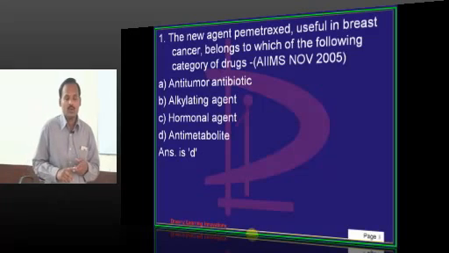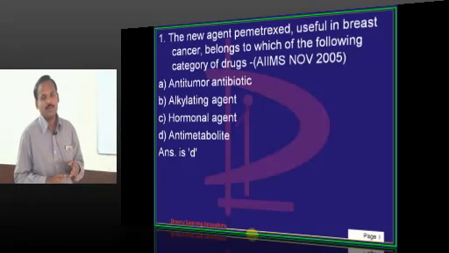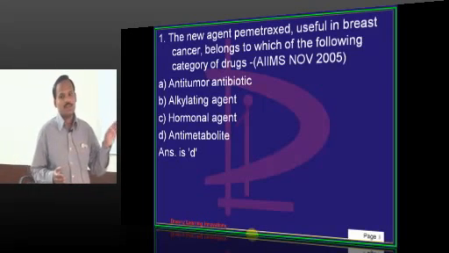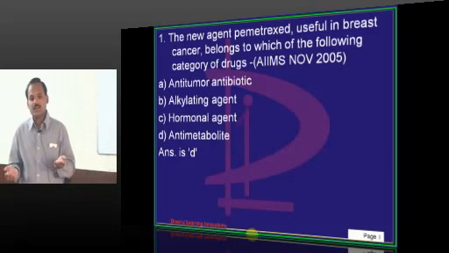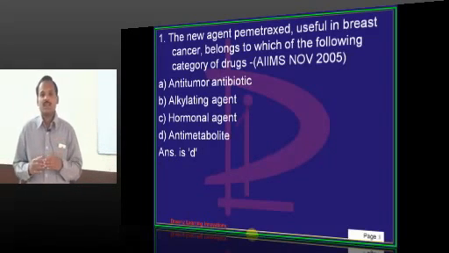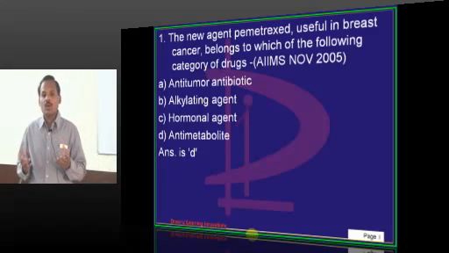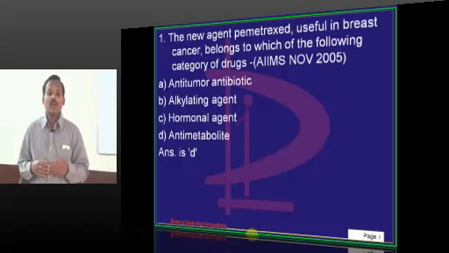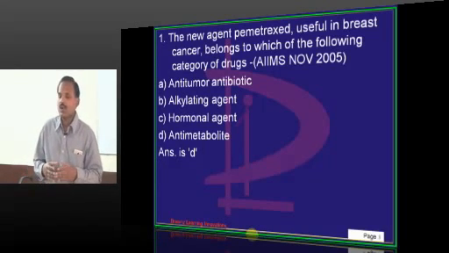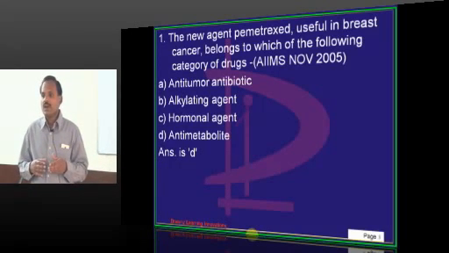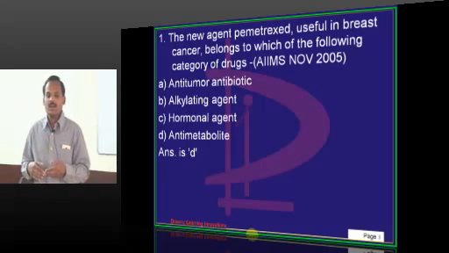This same question can be asked in any PG entrance examination as: pemetrexed inhibits which of the following. So, they may ask, one time it may be given as only dihydrofolate reductase, second option could be dihydrofolate reductase plus thymidylate synthase, third option could be dihydrofolate reductase plus thymidylate synthase plus glycinamide ribonucleotide formyl transferase, and the fourth one could be none of the above.